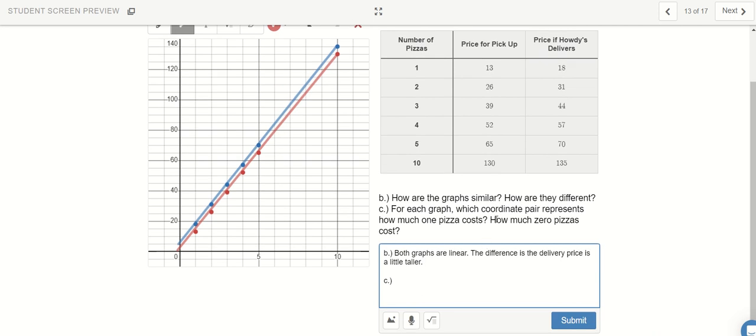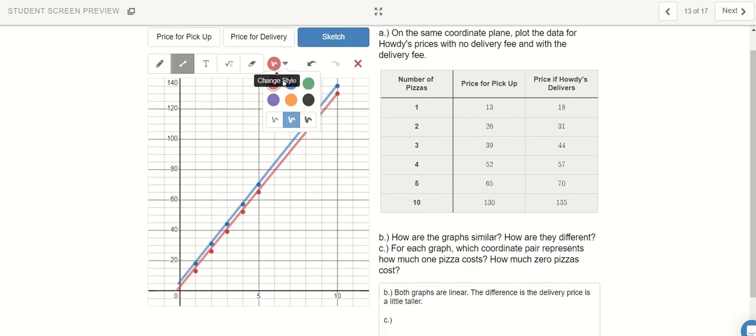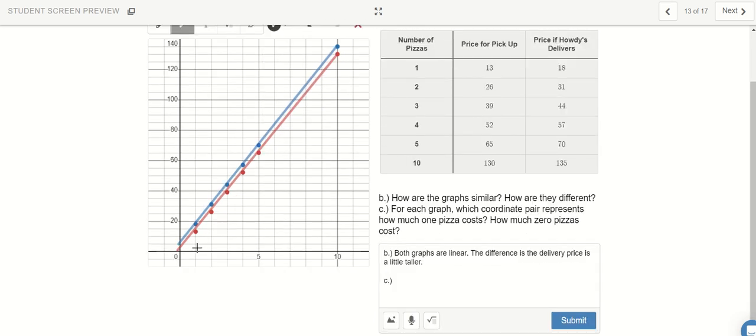So, for the graph, what coordinates represent the cost of 1 pizza, and what represents the cost of 0 pizzas? So notice that right here, we have 1, 2, 3, 4, 5 pizzas. So I want to find the cost of 1 pizza. I need to figure out what the graph is at when x equals 1.